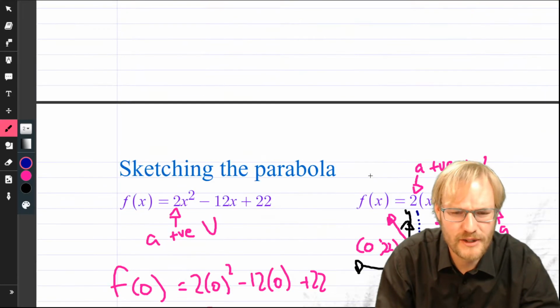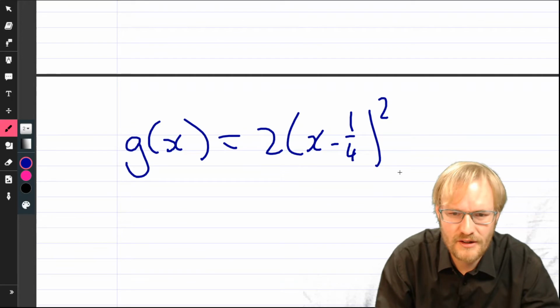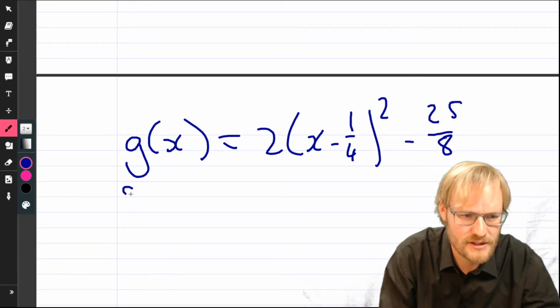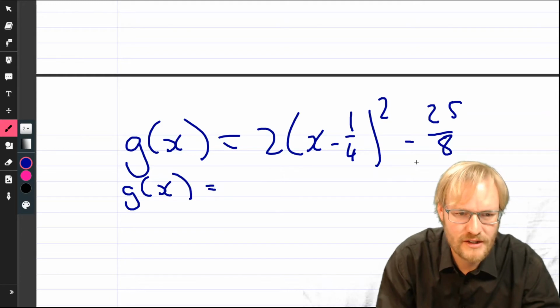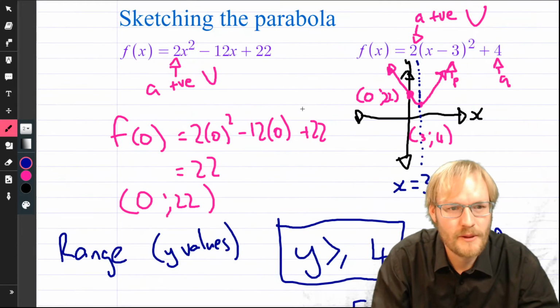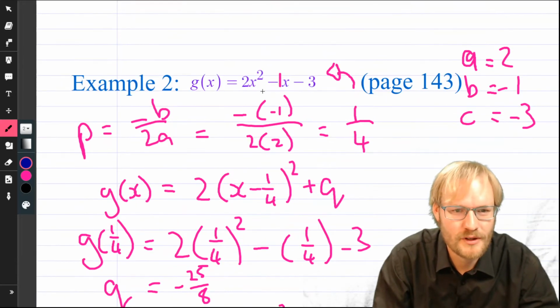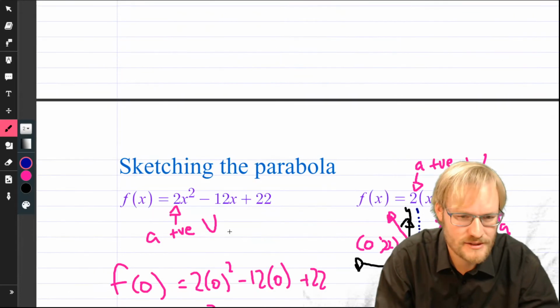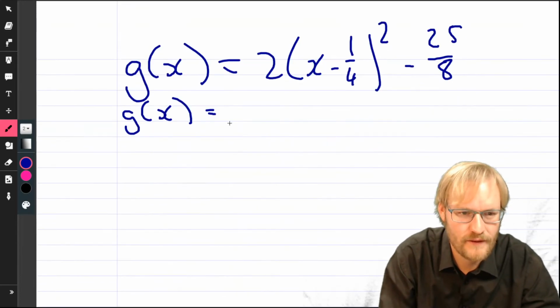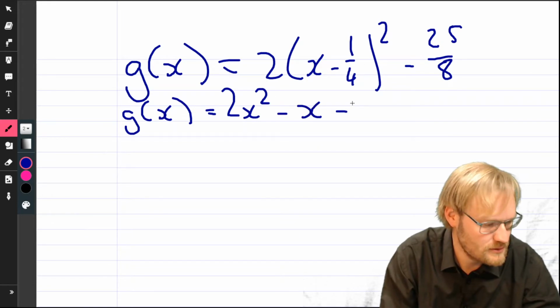Is that right? Minus 25 over 8. And we also had it in the form that it was given originally. g of x equals 2x squared minus x minus 3.